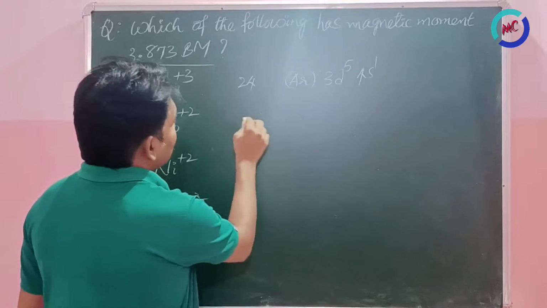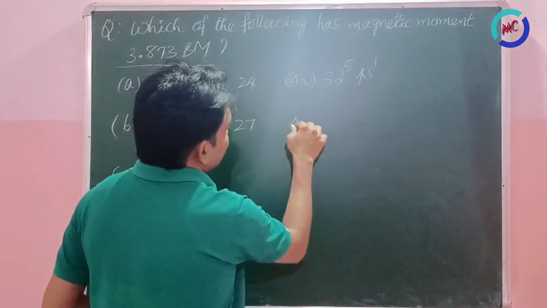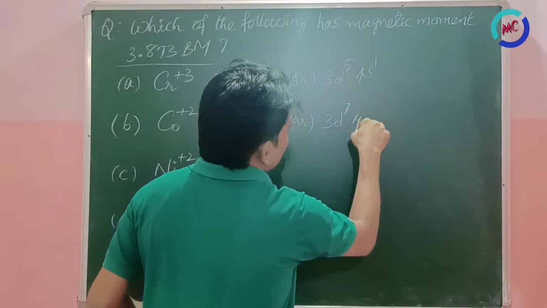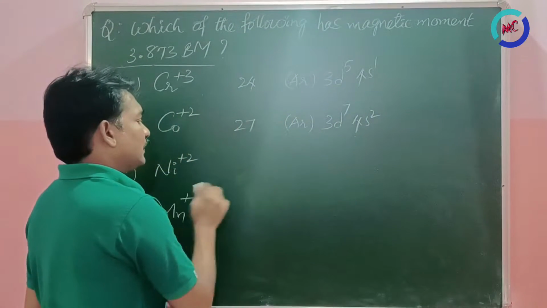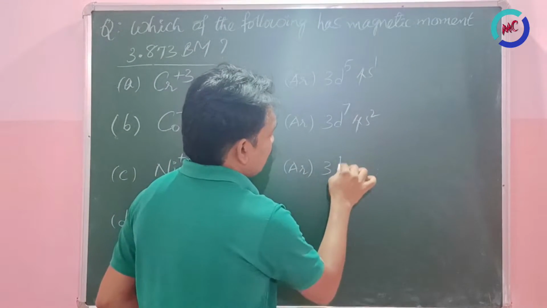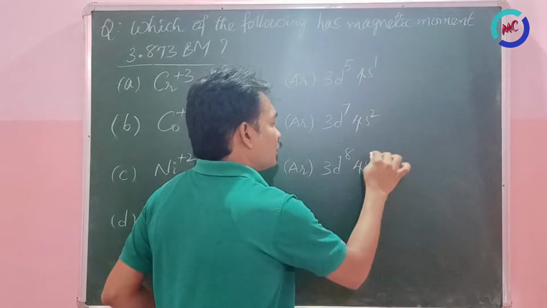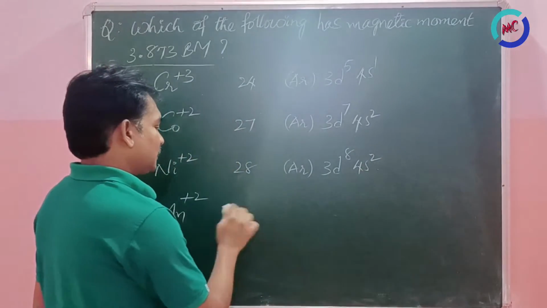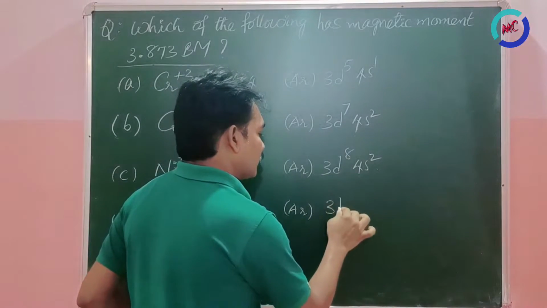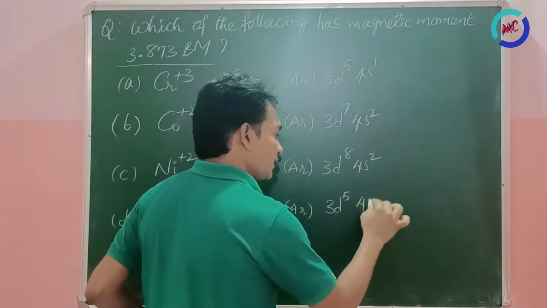And see here, cobalt 27, argon 3d7, 4s2, and nickel 28, argon 3d8 4s2. Manganese 25, argon 3d5 4s2.